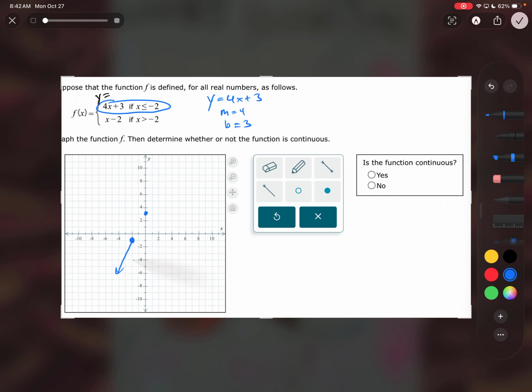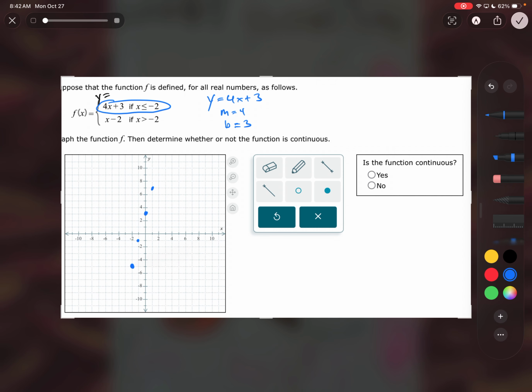Man, I drew that graph really bad. So if I was doing this on the computer, I'd plot my y-intercept, and I know my slope is +4, so it's up 4 to the right 1. The opposite of that is down 4 to the left 1.